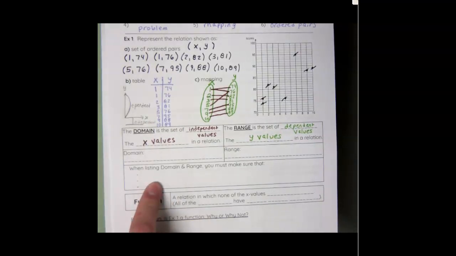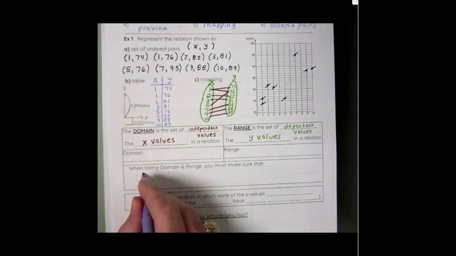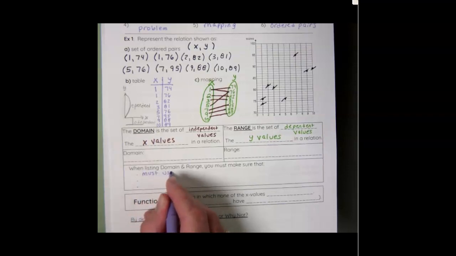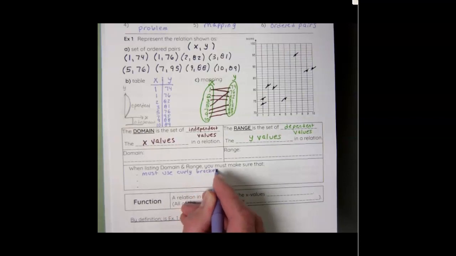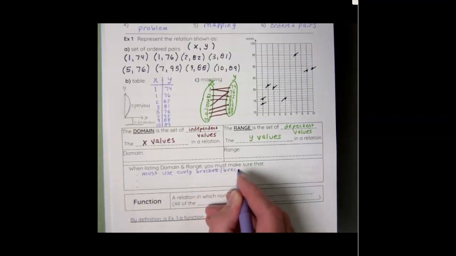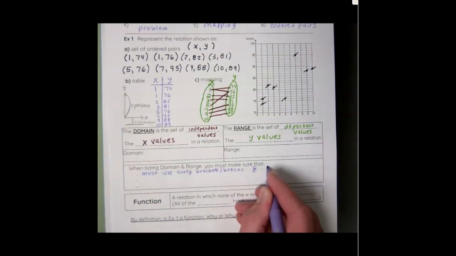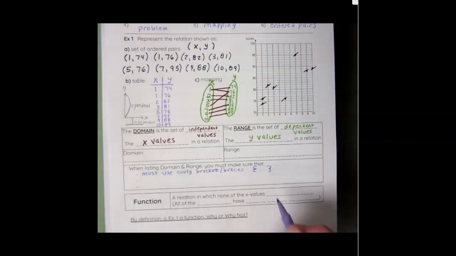Now let's skip down to here. It says, when listing domain and range, there's three things we got to remember. First thing we got to remember is we have to use curly brackets, or the more official word is braces. Looks like this. In your calculator, to get that, you do Control close parentheses.